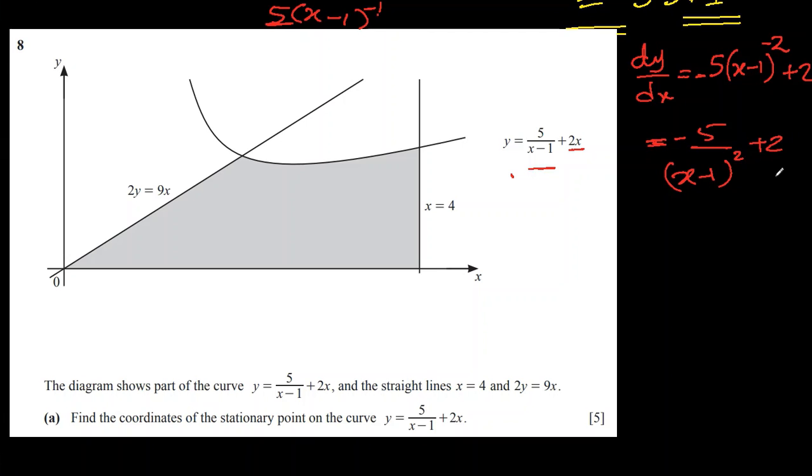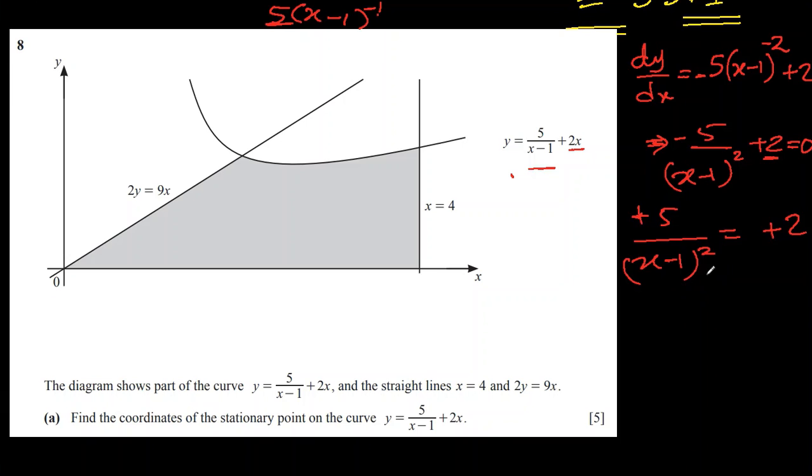This is dy over dx, and this is what we have to make equal to 0, because we are trying to find the x coordinate of the stationary point. So to get the value of (x minus 1) squared, let's bring this 2 to the right side. So minus 5 over (x minus 1) squared will be equal to minus 2. Let's cancel out both the minuses.